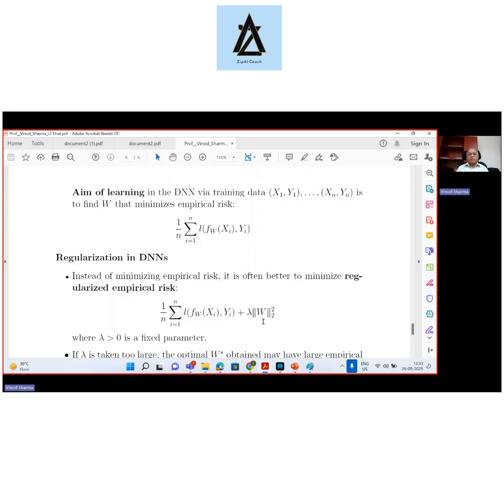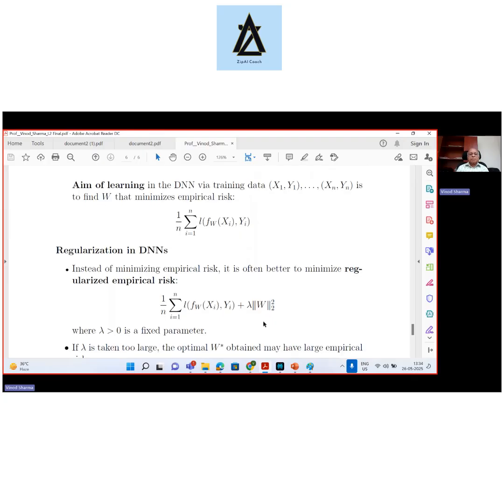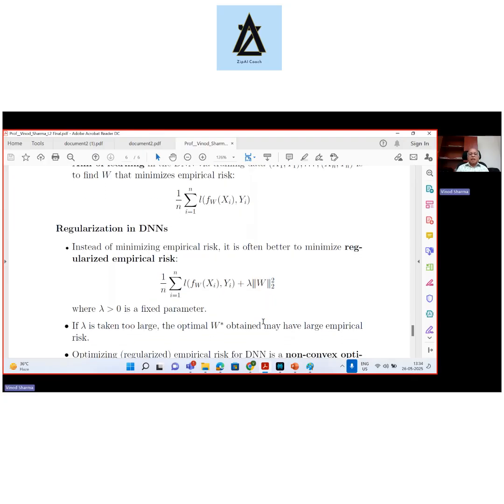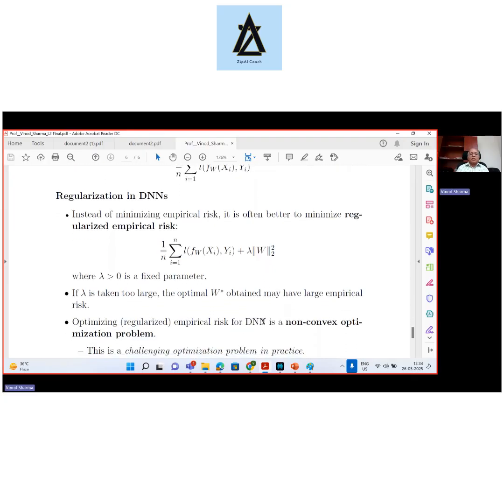There are definite advantages of using the regularization function compared to the empirical risk. Of course, there are trade-offs in choosing what lambda you choose. If lambda is equal to 0, then this is the same as minimization of empirical risk. If lambda is positive, then there are different possibilities.